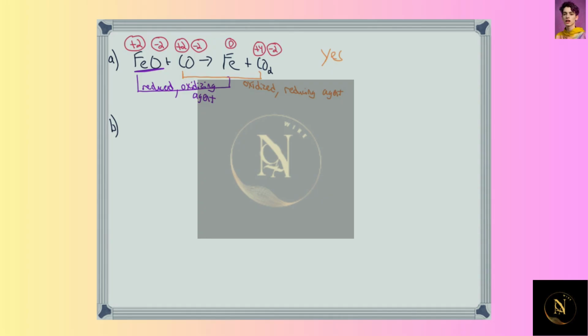Next, we have 2 AgNO3 plus CuCl2 goes to 2 AgCl plus Cu(NO3)2. You might recognize this as a precipitation reaction.